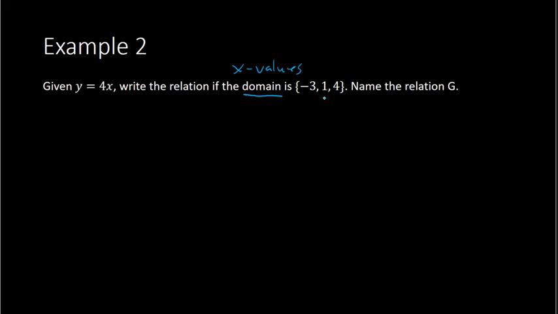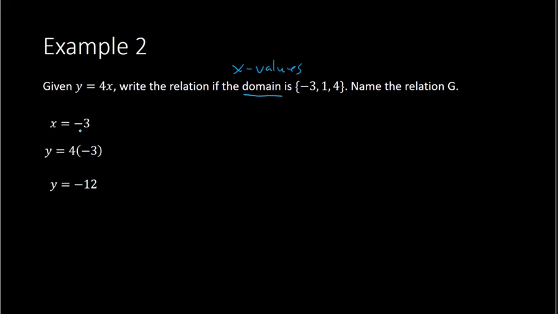So what I need to do is plug in each of these numbers, -3, 1, and 4, in place of x over here. When I plug it in place of x, we will see what we get for y. So for example, we see the -3. Let's plug in -3 in place of x. So instead of y equals 4 times x, we have y equals 4 times negative 3, which would be negative 12.